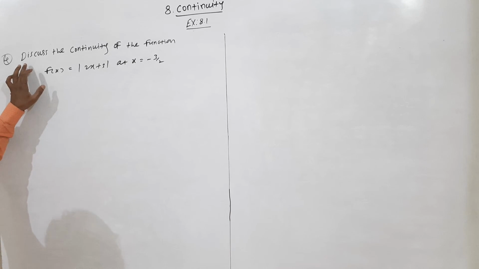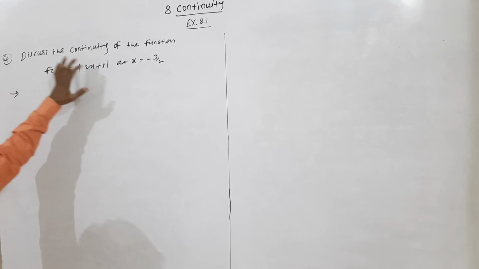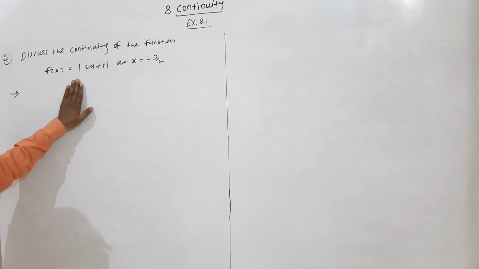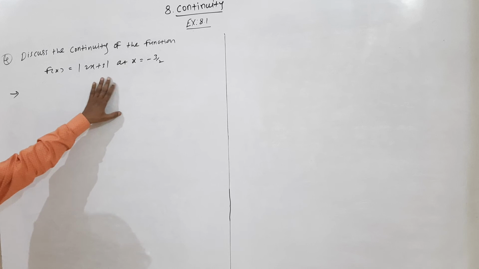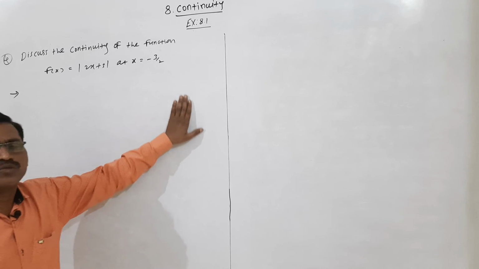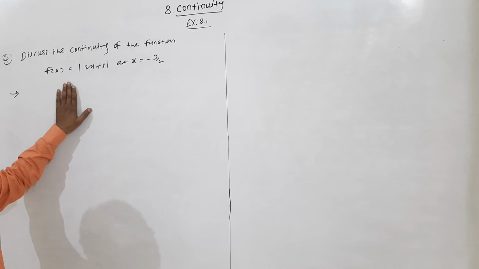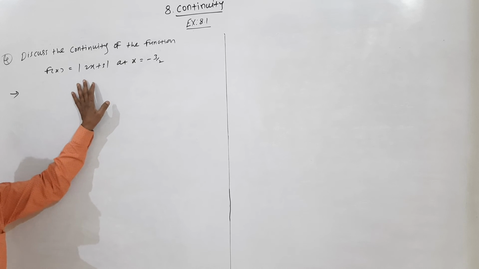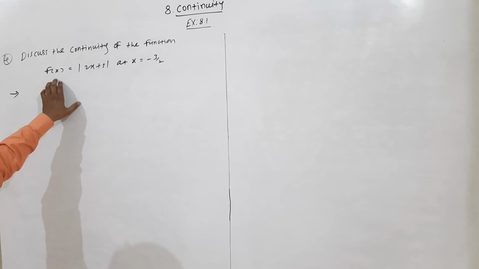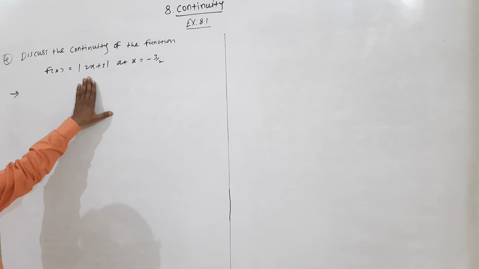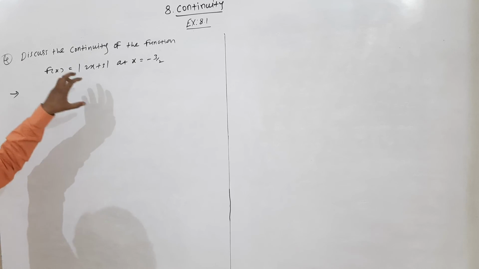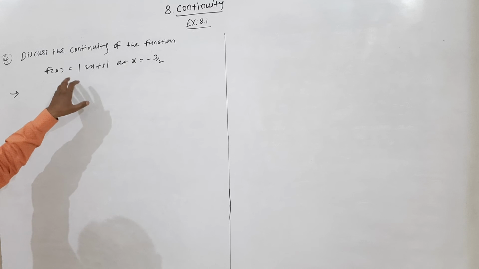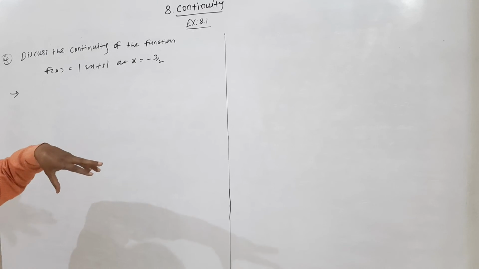Next example, discuss the continuity of the function f of x equal to modulus of 2x plus 3 at x equal to minus 3 by 2. Actually this is the absolute value function, given in modulus sign.